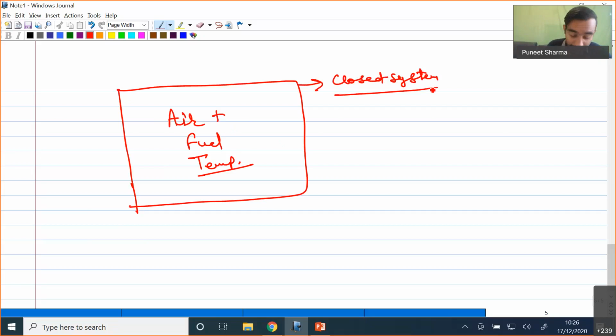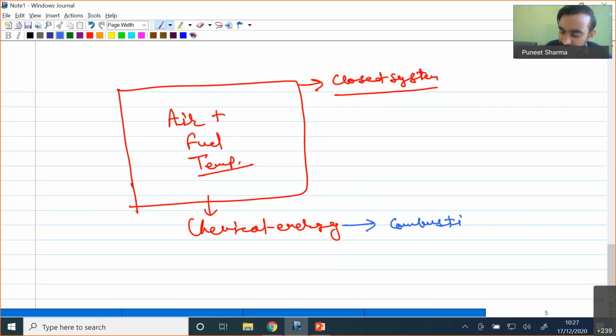Now let us consider that once this combustion has taken place, initially in the fuel molecules the energy was stored in the form of chemical energy. Then we will have the process of combustion. While combustion is happening, this chemical energy will be released in the form of thermal energy.